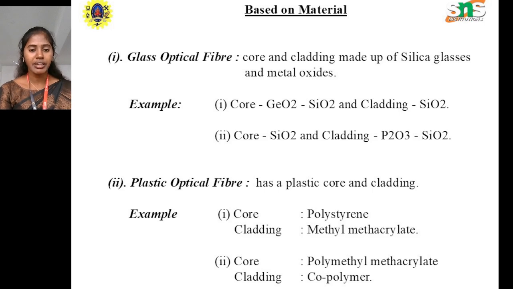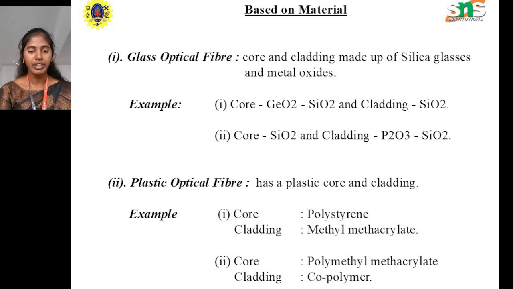Plastic optical fiber is made up of plastic; it has a plastic core and a plastic cladding. For example, the core is made up of polystyrene, whereas the cladding will be methyl methacrylate.